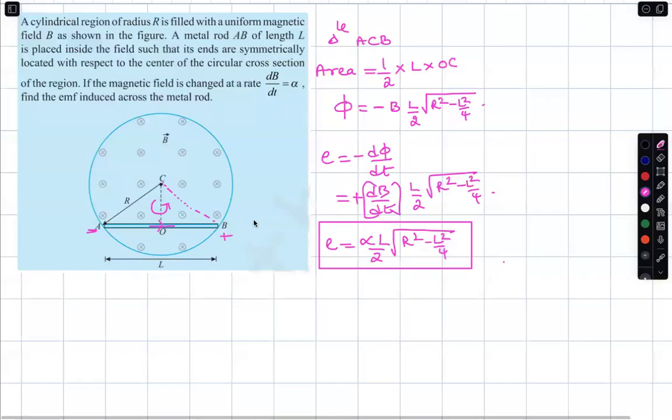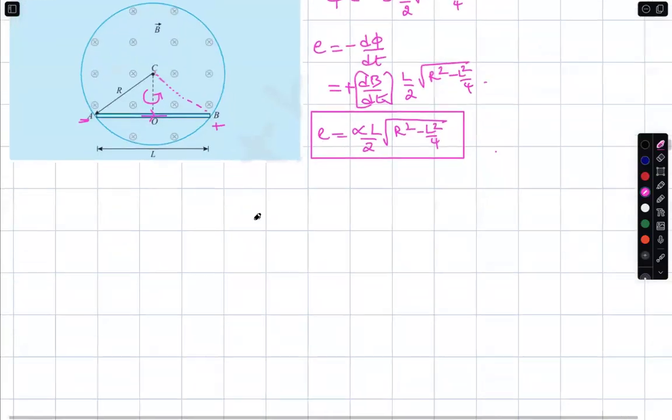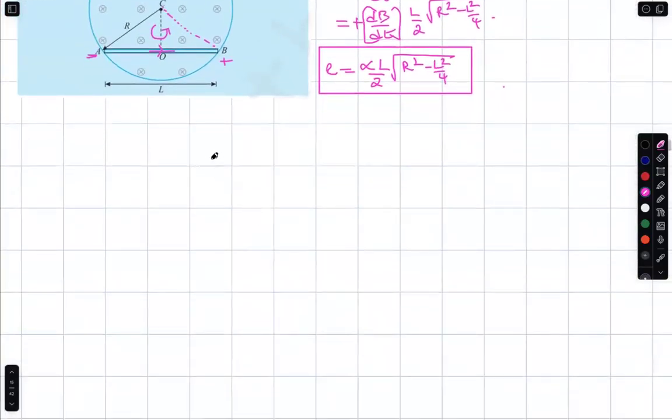Any student having doubt on this, please ask me right now. Otherwise also, if you take the arrangement like this, now you have C here, O here, and the rod is like this.